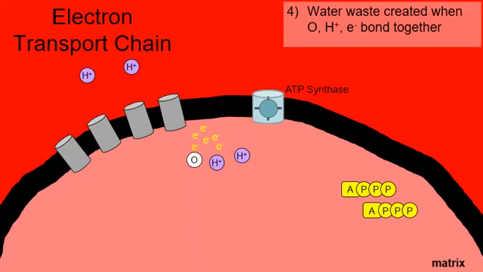Well, oxygen from the air that we breathe will bond with 2 of the hydrogens and 2 of the electrons to form a molecule of water. This is where we get the water in the chemical reaction of cellular respiration. It comes from the end of the electron transport chain.